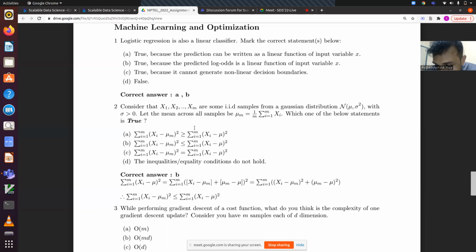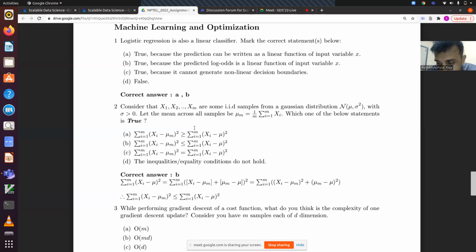So how do you do that? You have summation. So let's carefully convince ourselves. Summation i equals 1 to m, xi minus mu m. You break the summation into 2 parts. The first part is summation i equals 1 to m of xi, minus summation i equals 1 to m of mu m. What is summation i equals 1 to m of mu m?